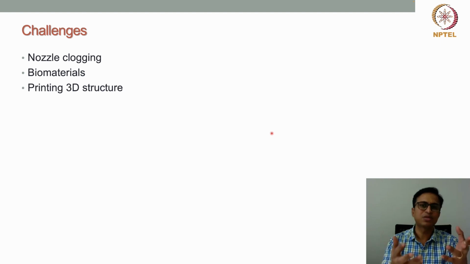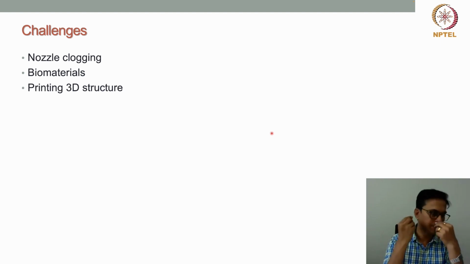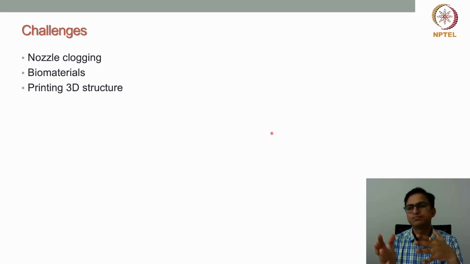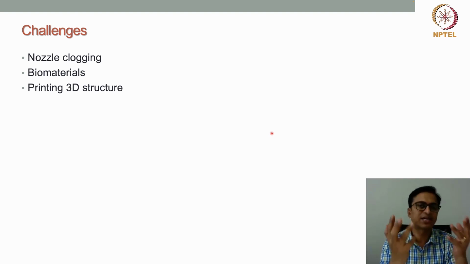Of course, in certain cases, if the particle size of the suspended material is close to the nozzle size, then that can also cause a problem. So nozzle clogging is a problem, and it has been tackled in various ways.